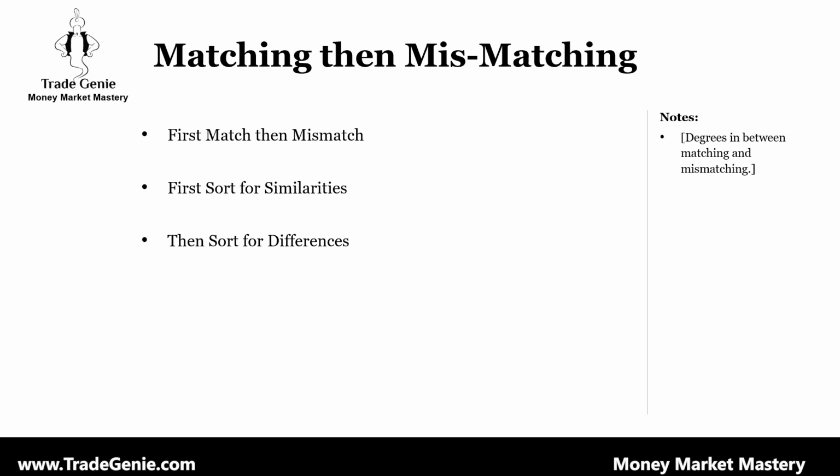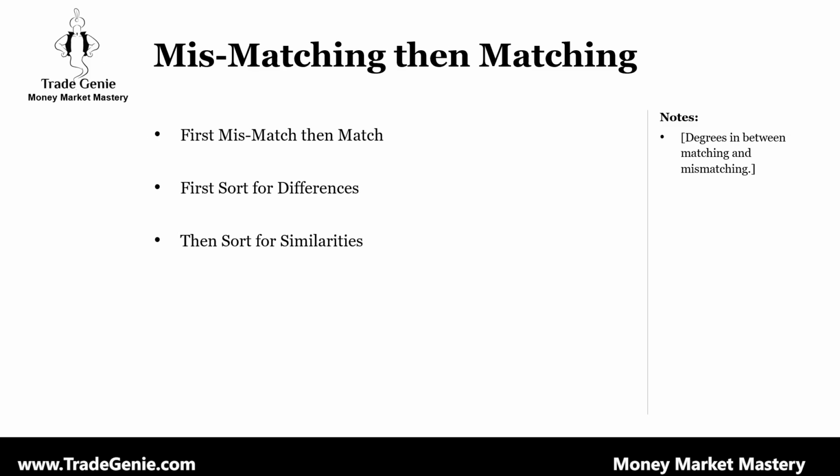So the dog did not bark. Think about that. First match, then mismatch. First sort for similarities, then sort for differences, and then come up with your conclusion, what you are trying to achieve. So this is one side of the coin: matching then mismatching.